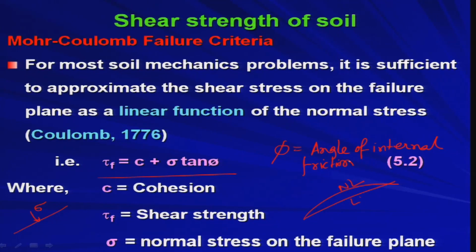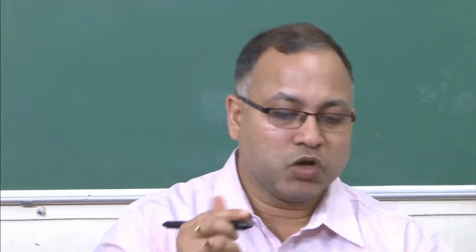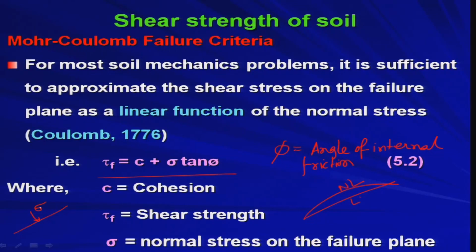This phi is nothing but the angle of internal friction. If you recall the friction chapter from your 10+2 standard, that is nothing but the friction angle. So, if I consider sigma is acting on this plane, that is the normal stress, and if I want to find the shear strength tau f, it can be obtained by this expression, where tau f is equal to C plus sigma tan phi.